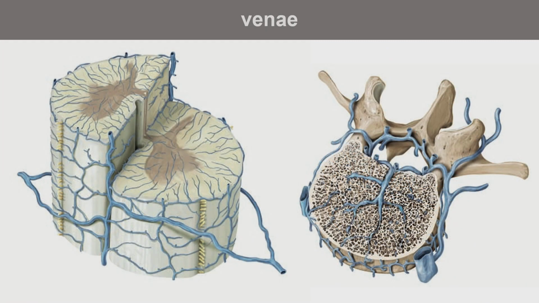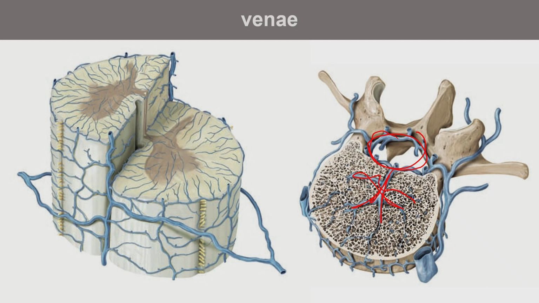So those are veins. And here is also an important thing, that those veins which are outside the dural sac are communicating with the venous system of the bone marrow of a vertebra. And probably you remember that red bone marrow is localized in vertebral bodies through the whole life.